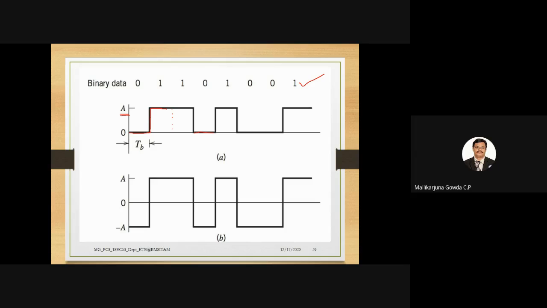Then again 1 is there, so I represent that 1 by a pulse having a magnitude of plus A volts. The next 2 zeros are there, I represent with no pulse. The next 1 is there, I represent that by a pulse having a magnitude of A volts. Hope this is clear. This is unipolar non-return to zero.